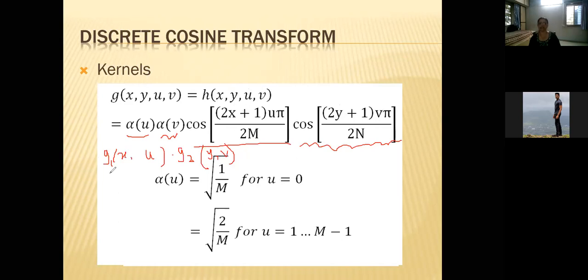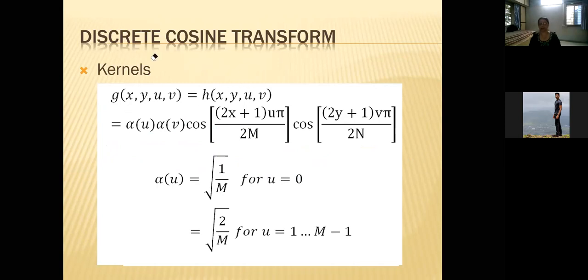So for DCT, its forward transformation kernel is separable and it is symmetric because these two functionalities are the same. So we can simply write it as g of x, u, instead of g1 and g2, because both these functionalities are the same. So we talked about two important properties of DCT: DCT is separable as well as symmetric.